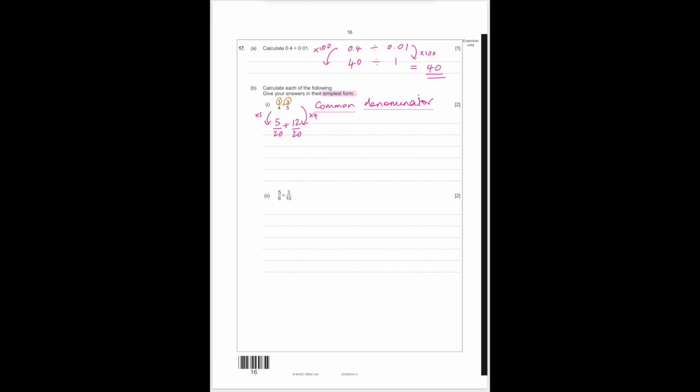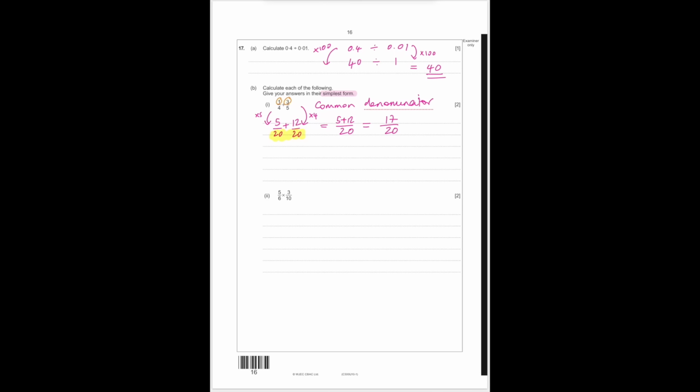Now that we have our common denominator, we can add the numerator. So the denominator stays as it is, and then I'm doing 5 plus 12 on the top. So that gives me 17 over 20. That is in its simplest form because 17 and 20 don't have a common factor that I can divide them both by that isn't 1.